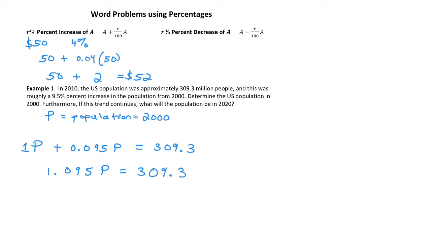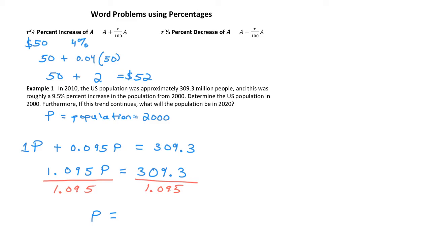To solve this equation for P, I just have to divide by the number that is in front of it. So just divide both sides by this entire thing. To set up my two fractions, I'm dividing by 1.095, and this I will do on my calculator. So that is 309.3 divided by 1.095.